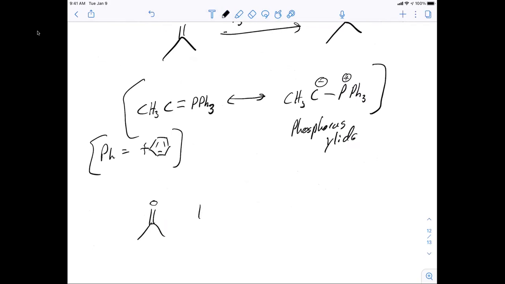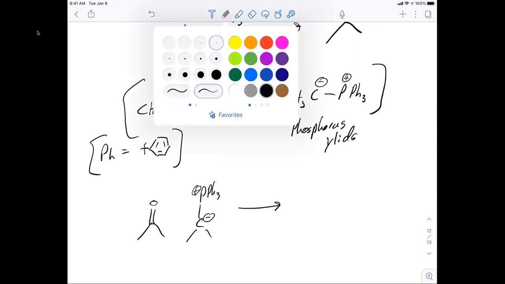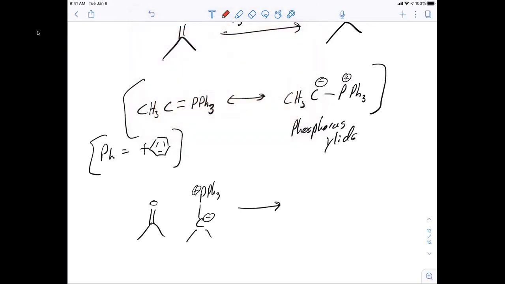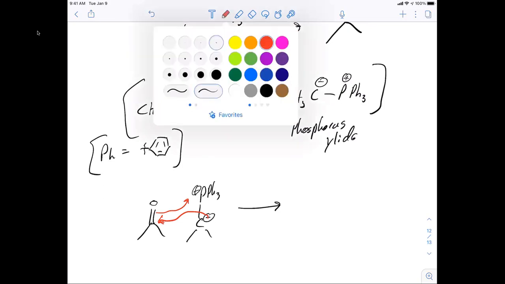So if we look at what's happening here, the first reaction is the carbon attacking the carbonyl. But depending on how stable the ylide is, we can also have a concerted reaction at the same time where the pi bond is reacting with the phosphorus.